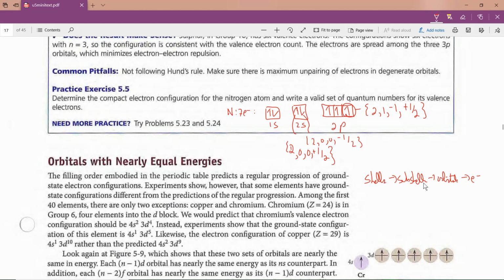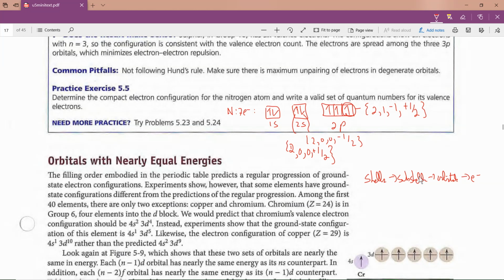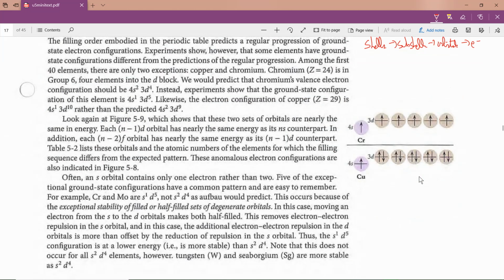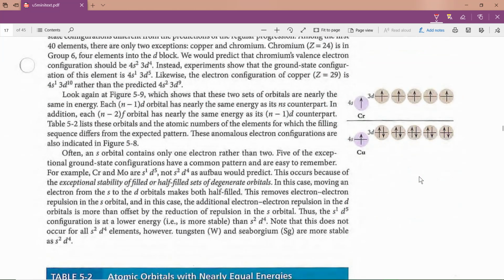Some orbitals are really close in energy to each other, and two examples are copper and chromium. So chromium, you think might be 4s2 3d4, but instead it's an exception, and the actual electron configuration is 4s1 3d5.